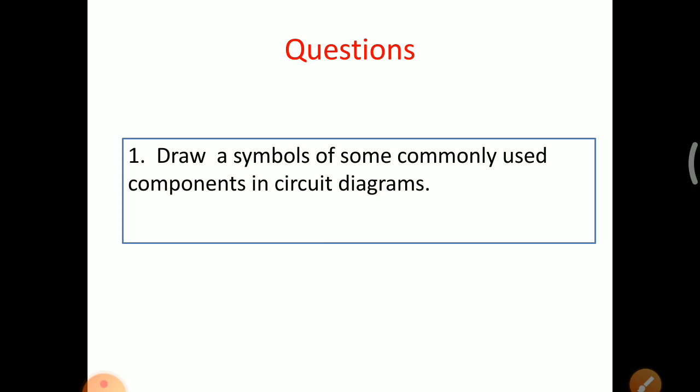I hope you understood why we use the symbols to draw the circuit diagram instead of components. Because if you draw the components in the circuit, it takes more time and also occupies more space. Instead of components, we use the symbols to reduce the space and also to understand easily.